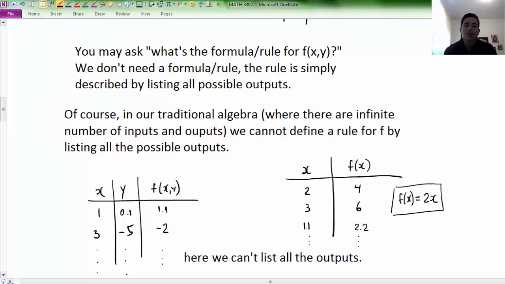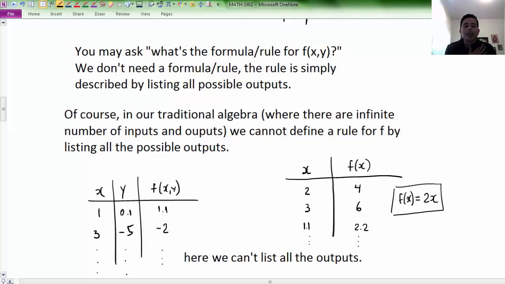This is very familiar to you, right? We have the domain being these numbers, and then the range or the outputs are 2 times the element in the domain. So if the element is 3, the output is 6, and we have a formula for that. So you can define the function in terms of a formula. So you don't need to list the elements in the table, okay? But only if you know the pattern here, right?